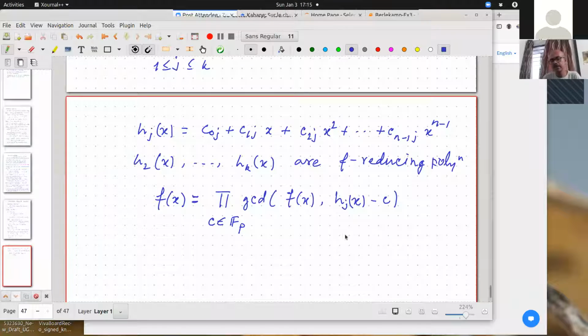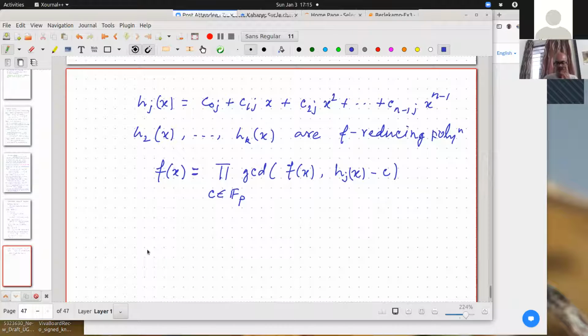Then we have seen that this algorithm separates all irreducible factors. So finally, we would be getting f(x) factored into irreducible factors. So we start with h2, and then whatever factor we get, we do the same process with h3 and so on.